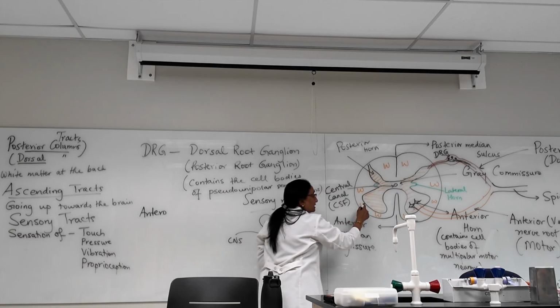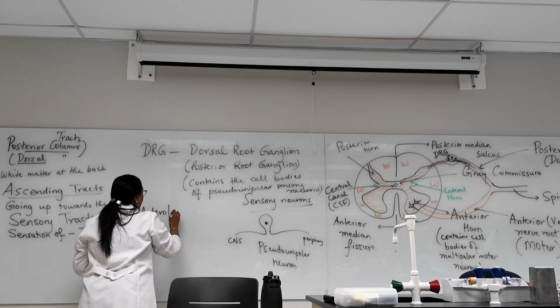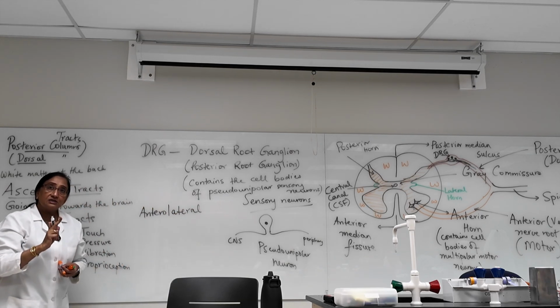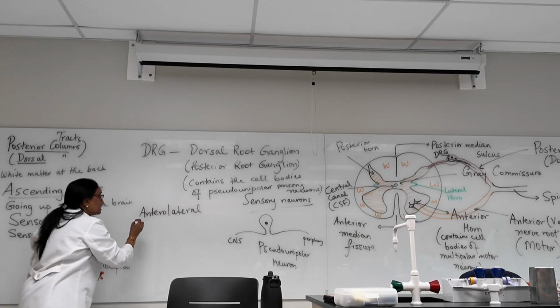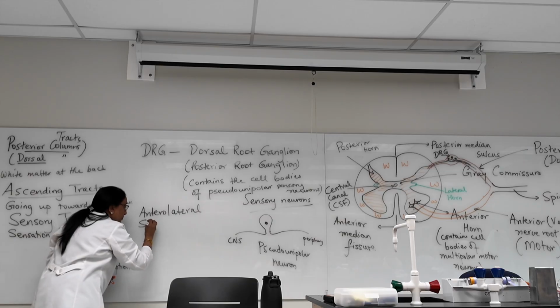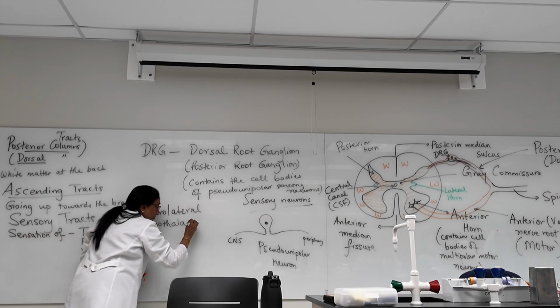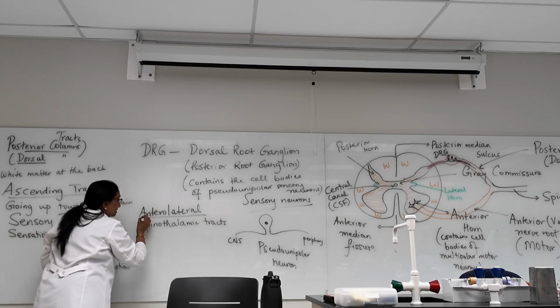Antero means a little bit in front and on the side. So anterolateral, okay, because it goes from the spinal cord up to the brain, it's called anterolateral spinothalamic tract. Anterolateral spinothalamic tracts.